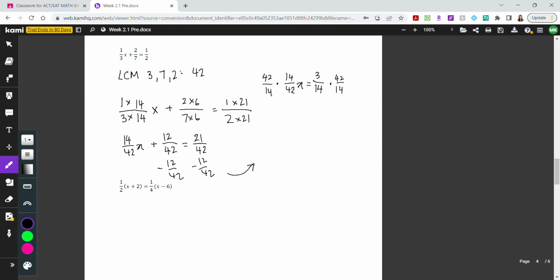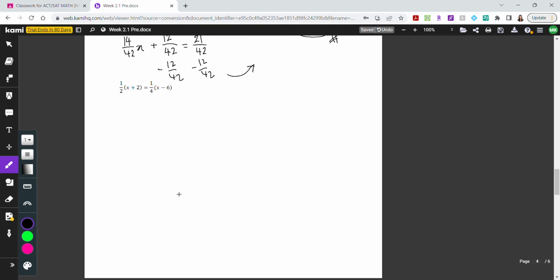So then these cancel out each other, so x would equal 3 over 14 times 42 over 14, which is going to give us 9 over 14. And that is our solution.